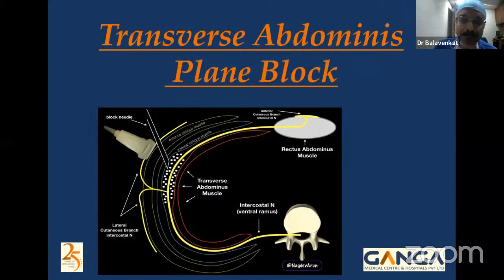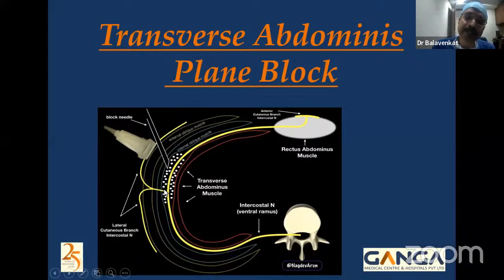So next we go to the transversus abdominis plane block, and I've already described the muscle layers: that's the external oblique, the internal oblique, the transversus abdominis, and here is where you see the spinal nerve going.